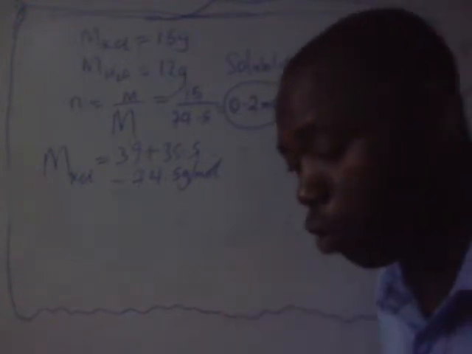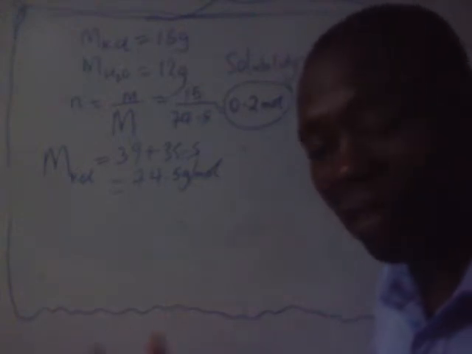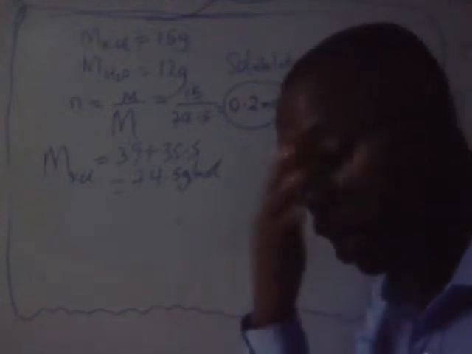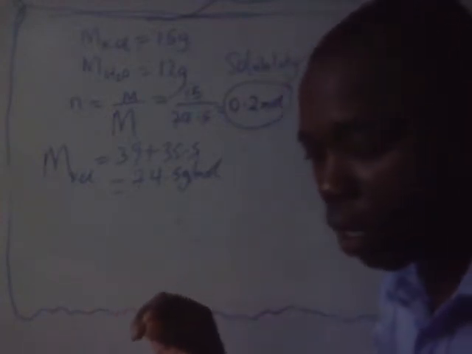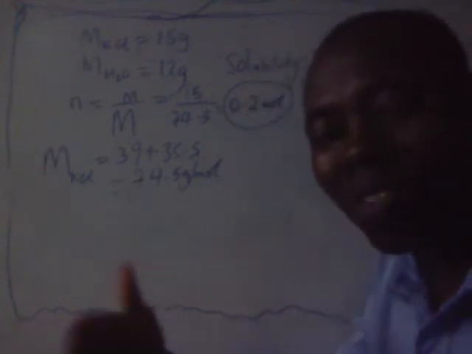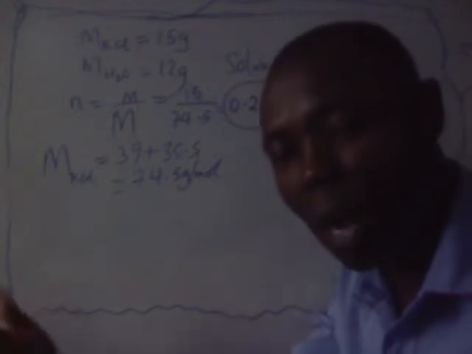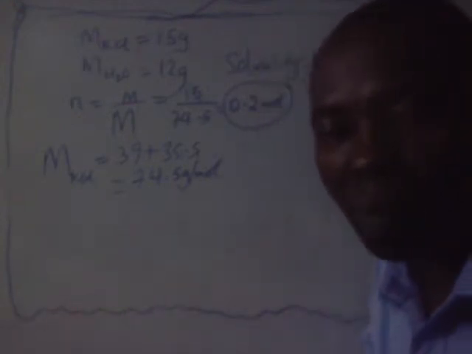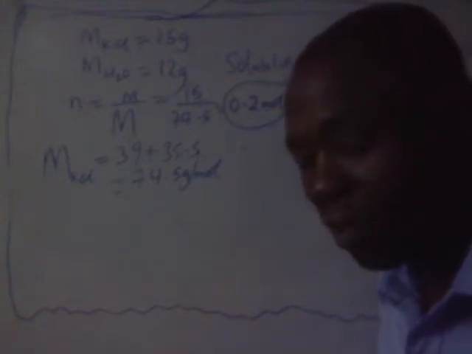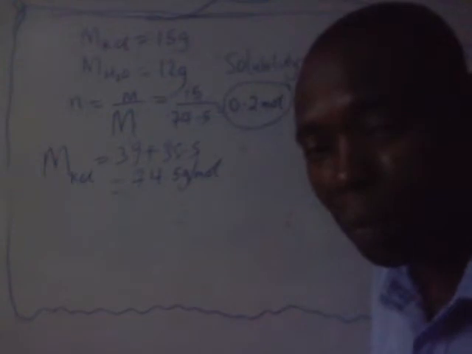If you can recall vividly in physics, the density of water at room temperature is 1 gram per cm cube. It can also be 1,000 kilogram per meter cube. So let's use, since the mass is in grams, the density in gram per cm cube.